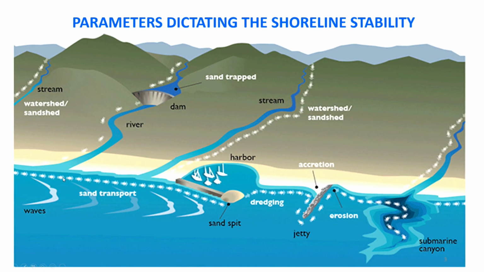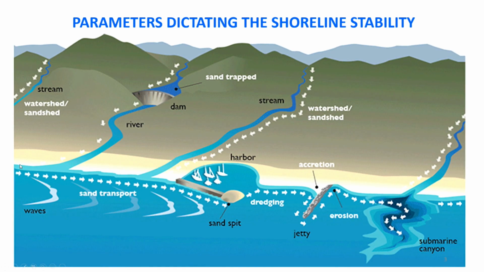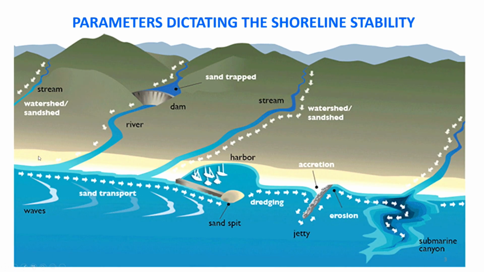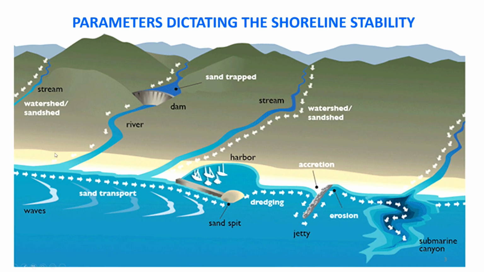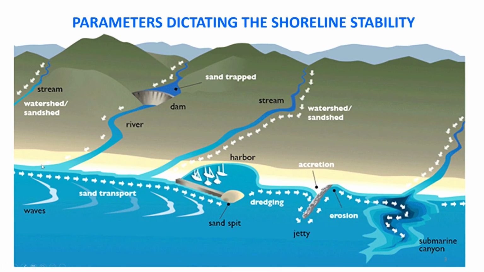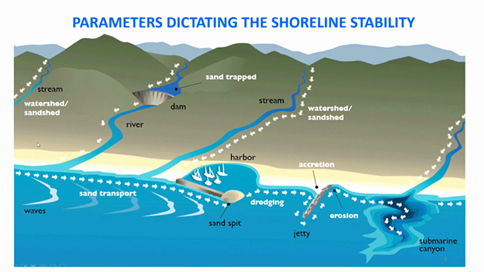When the sand is picked up and set in motion, the shoreline is going to undergo a certain extent of deformation, which depends on the size of the sediments available on the beach. These must have been brought by the waves, the details of which I am not going to cover, and some sand is brought by the rivers.